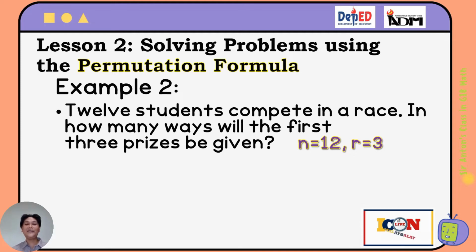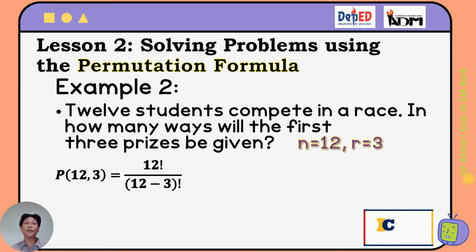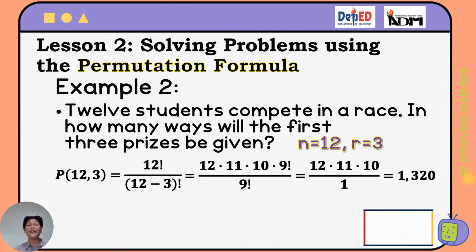Using the givens, we have the permutations of 12 objects taken 3 at a time is equal to 12 factorial divided by the quantity of 12 minus 3 factorial. Solving, we have 12 times 11 times 10 times 9 factorial. I wrote until 9 factorial only because 12 minus 3 is equal to 9, and our divisor is 9 factorial.